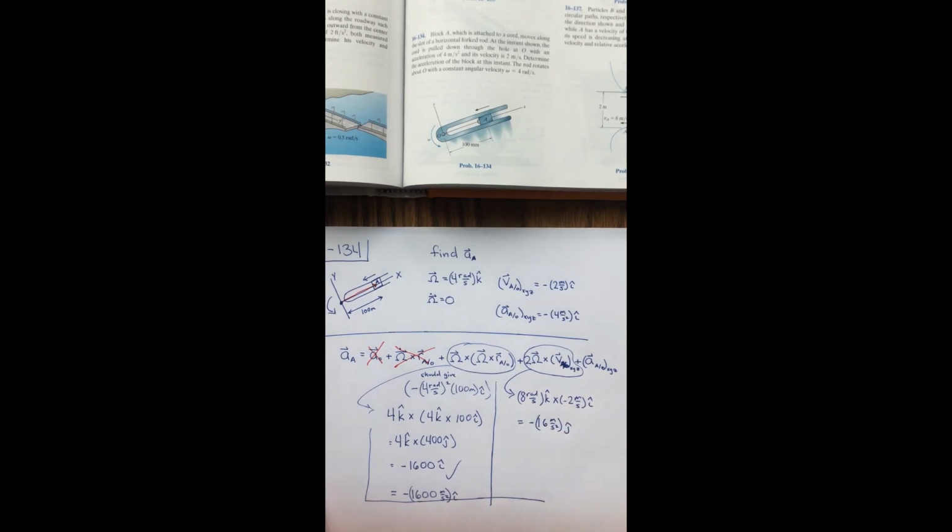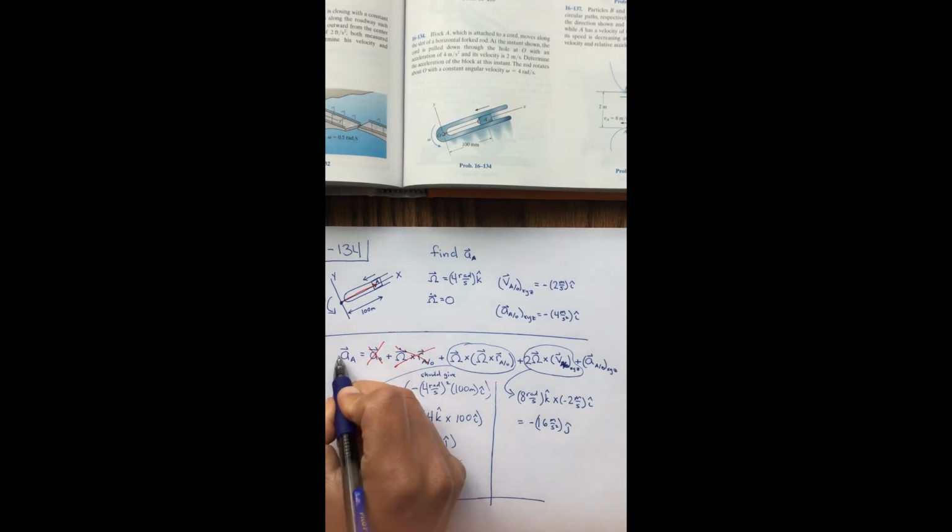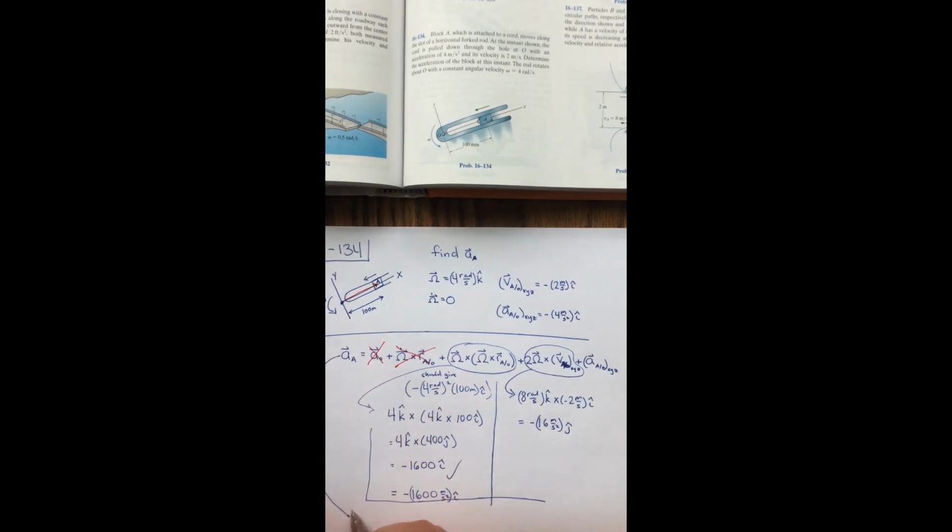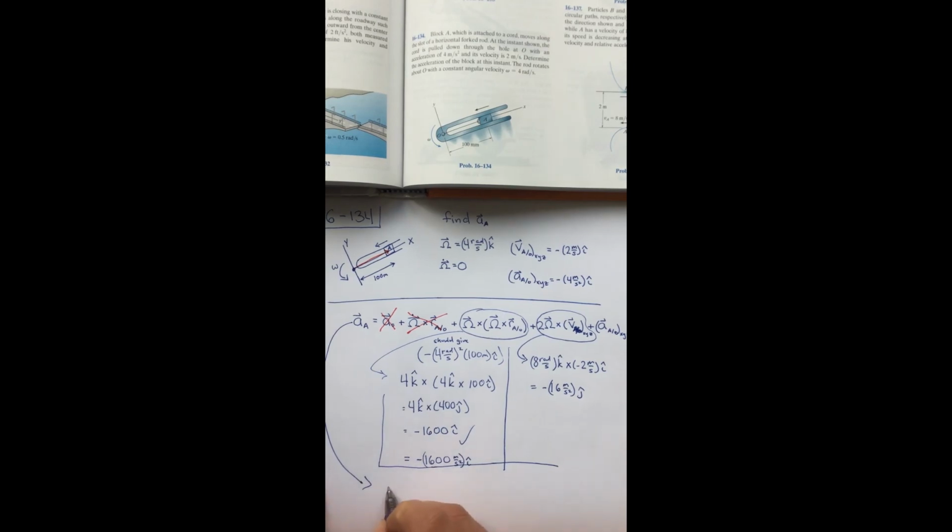j hat. Okay, so now I'm going to take this whole equation and look at what I have. This gave me negative 1600 meters per second squared in the i hat direction.